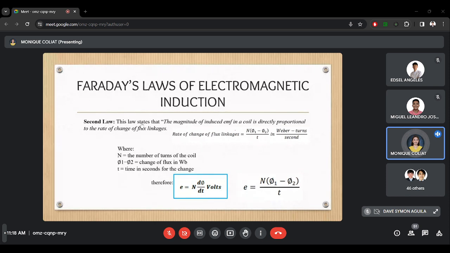The rate of change of flux linkages is equal to N, the number of turns, times flux 1 minus flux 2 over time, and that is in Weber turn per second. Therefore, the induced EMF or voltage is equal to N times change in flux over change in time, and your unit is volts.